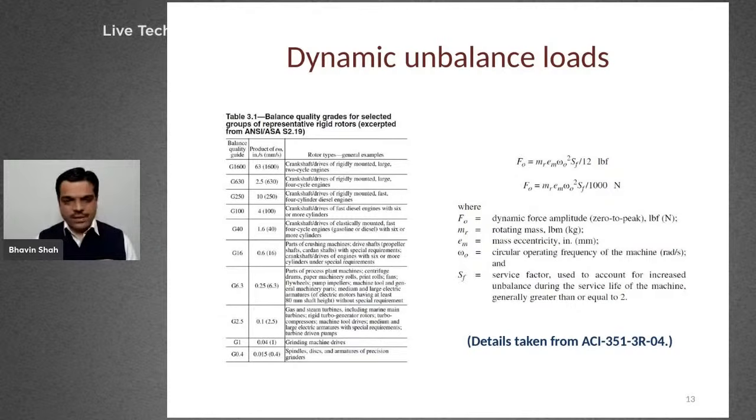Once we identify G 2.5, as I recollect, IS 2974 tells us to consider one class above so that we get higher forces. So we need to consider G 6.3. When we consider balance quality grade G 6.3, we get the product of eccentricity and frequency. That is the second column. After getting that value, we can calculate the unbalanced force using the formula given on the right hand side of the page.